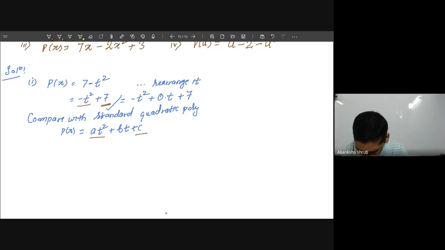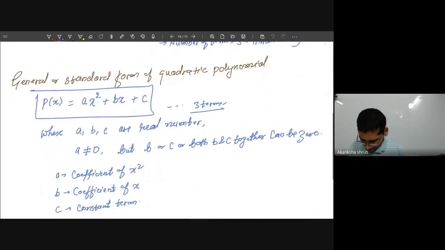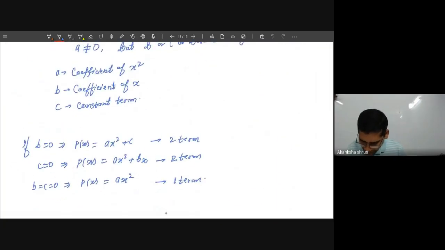For comparing with the standard form, the t term is missing, which means the coefficient of that t term is 0. That's why it has been written in this form. I had explained this earlier also: if b is 0, then we have x square and a constant term.